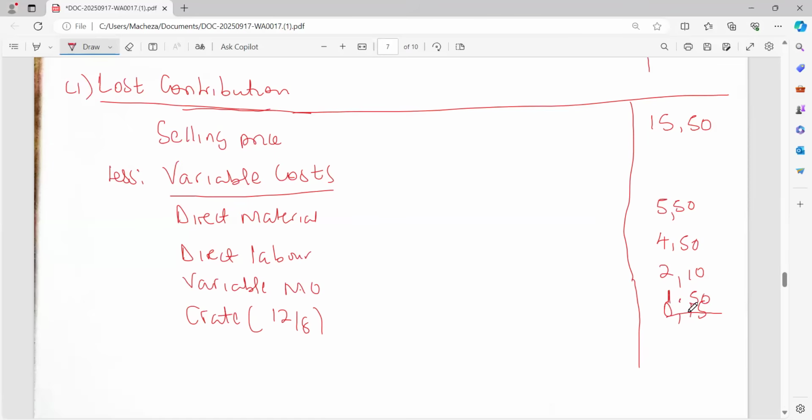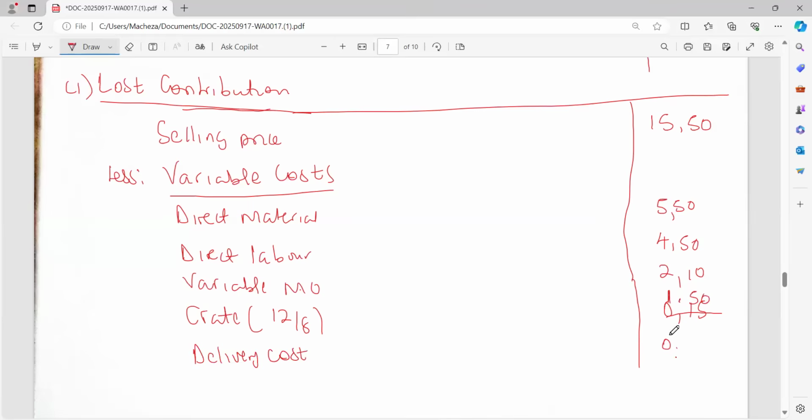Right, what else do we need again? There is also that delivery cost. Am I correct? Yes. We're going to take it here. The delivery cost is going to be 0.85.